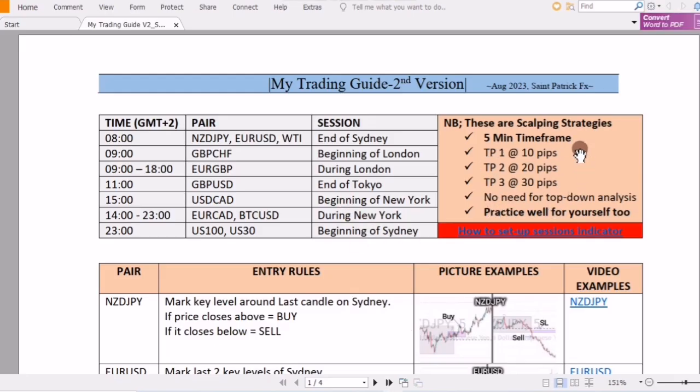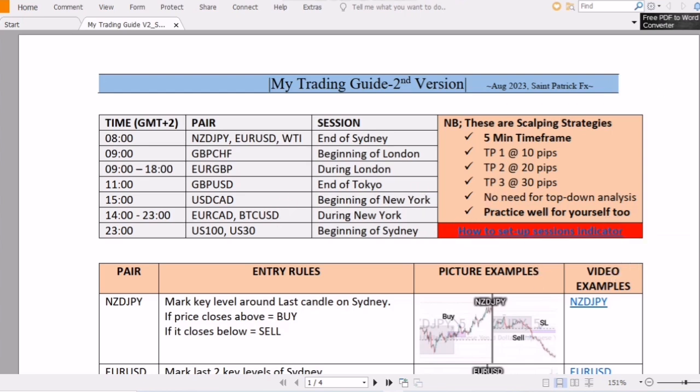Let's come back to our PDF. Right here you have some tips as to where to place your take profits, and if you want to know how to set up the sessions indicator, there is a link that will give you a short video that will guide you on how to set it up.